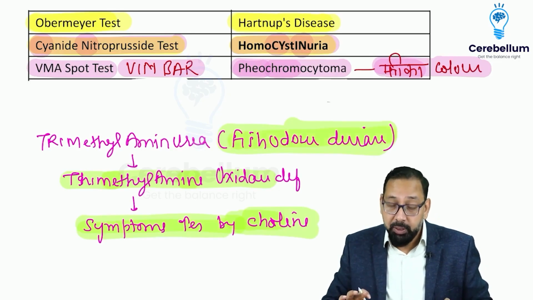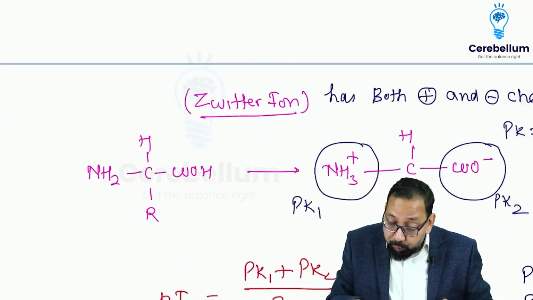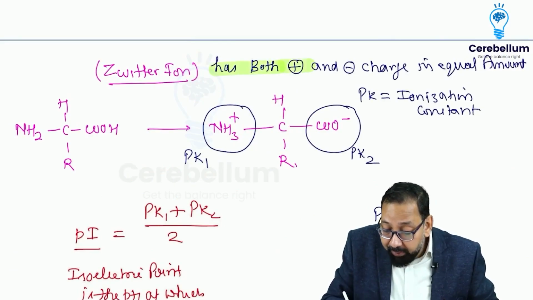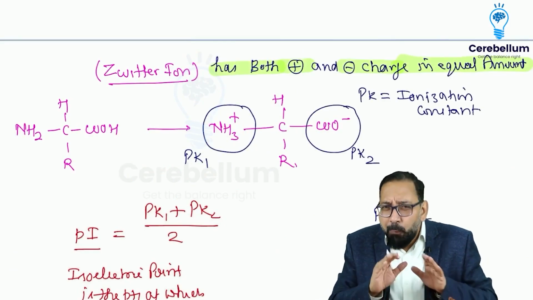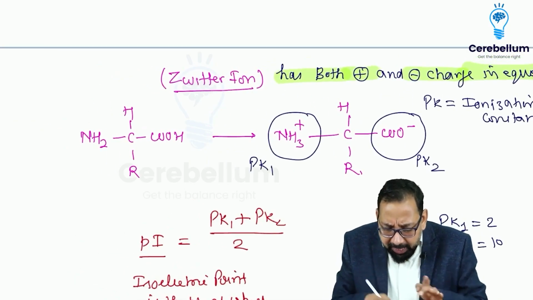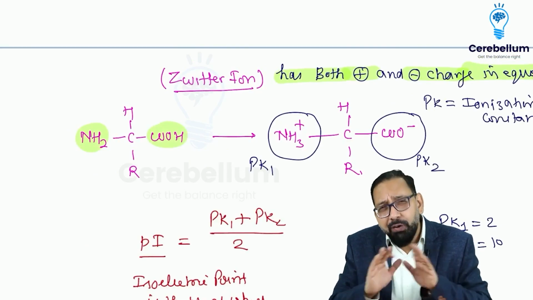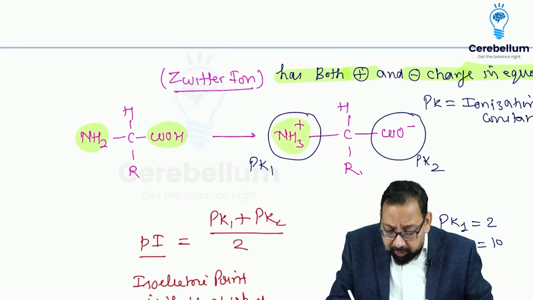Recently asked question. Now we are going to discuss amino acid as a zwitterion. A zwitterion has both positive and negative charge in equal amount. What does it mean? Whenever you see an amino acid, it has an amino group and an acidic group. Wherever an amino group is there, it will be ionized to acquire positive charge.